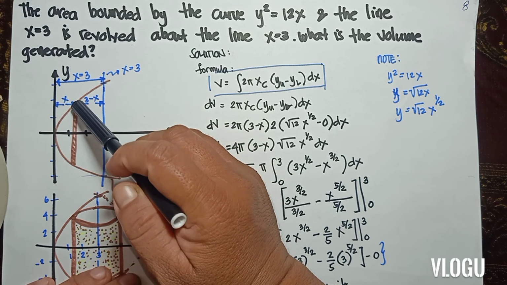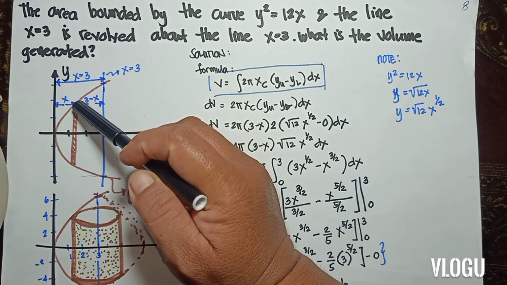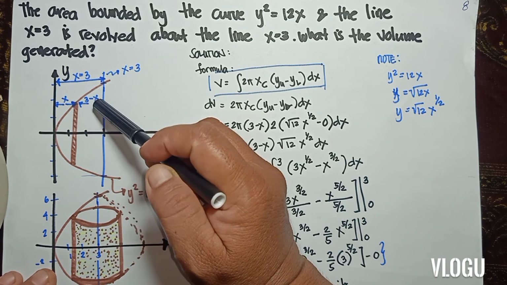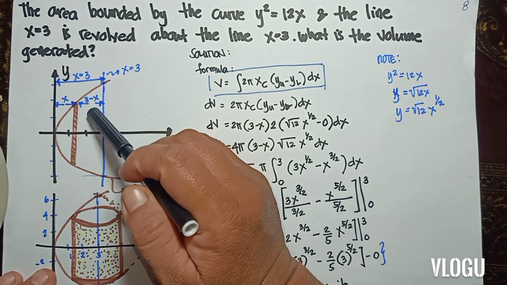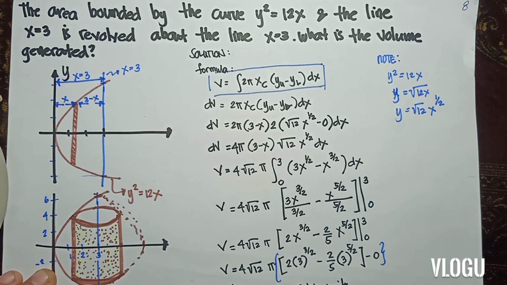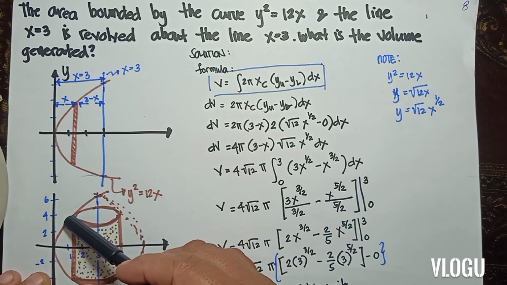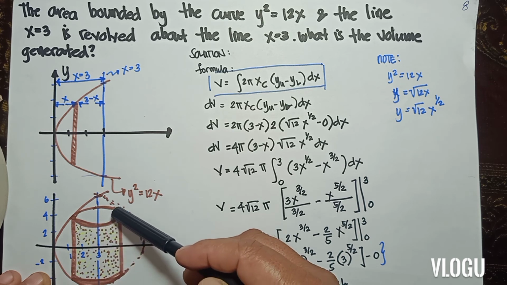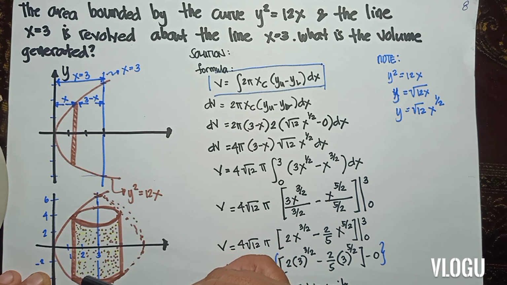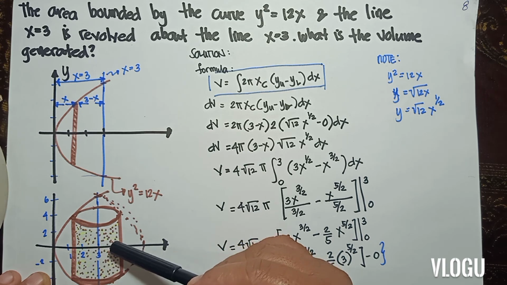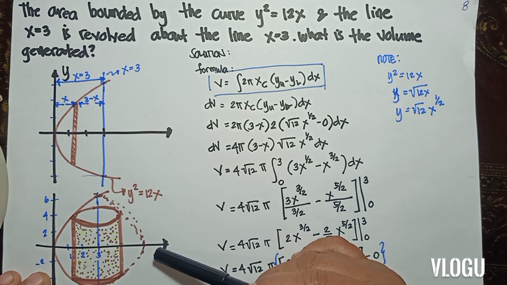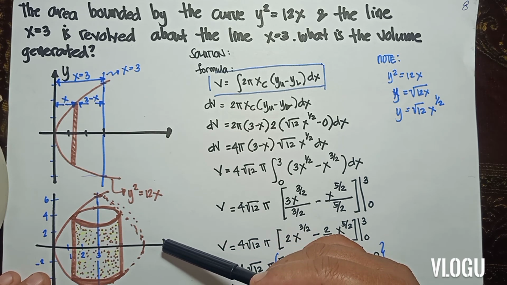So the radius of the cylindrical shell that can be formed is 3 minus x. Revolving the vertical strip about x is equal to 3, we can form a cylinder.